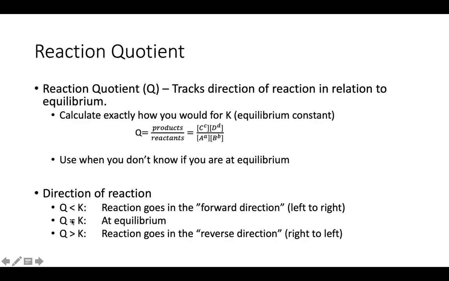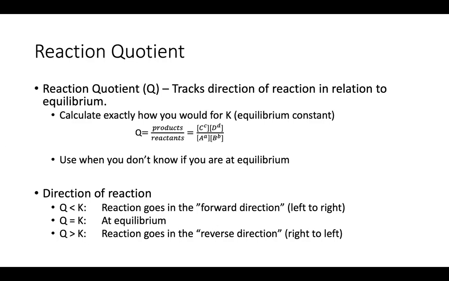Okay, if Q is equal to K, that means you're at equilibrium. So no particular direction is favored. In the slides, it says no reaction. From my understanding, I believe there's still some back and forth at equilibrium, but you are at an equilibrium. So there's no real net direction. Neither direction is favored.